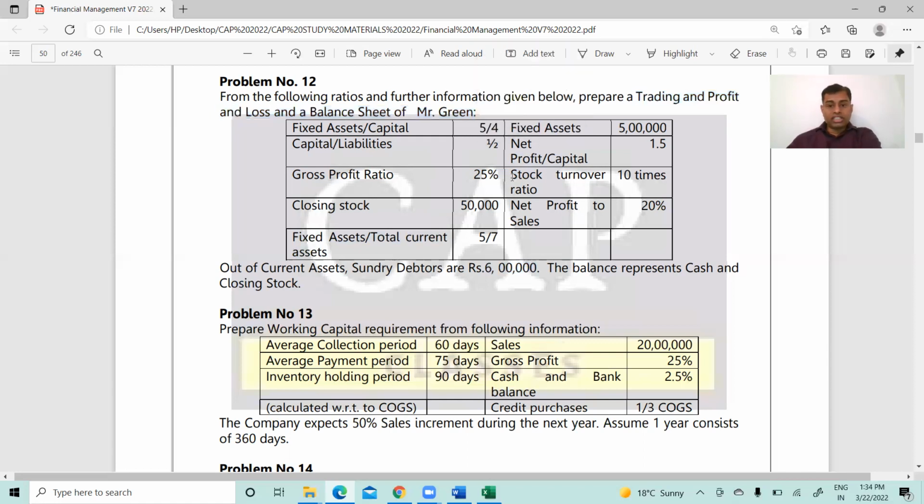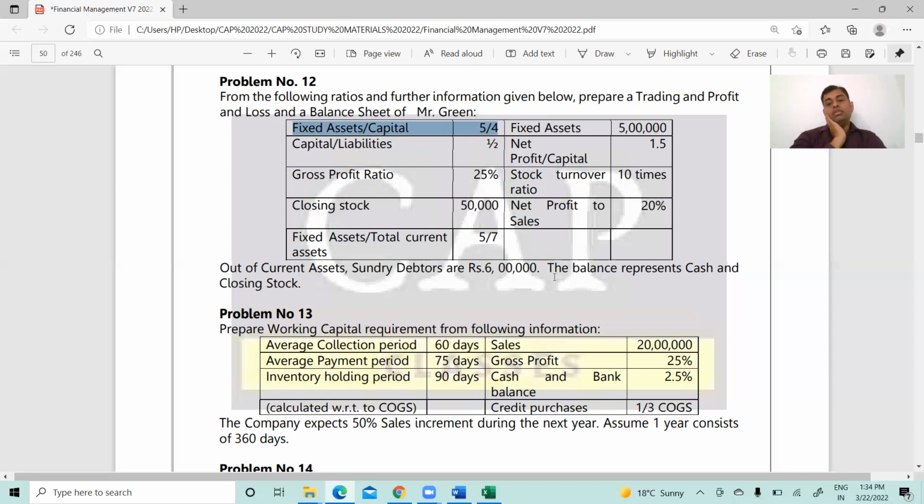Stock turnover ratio is given, right? What is stock turnover ratio? 10 times. Now, fixed assets 5 lakhs. Guys, can you tell me what will be capital? I want an answer from you. Fixed assets 5 lakhs. Fixed assets by capital 5 by 4.